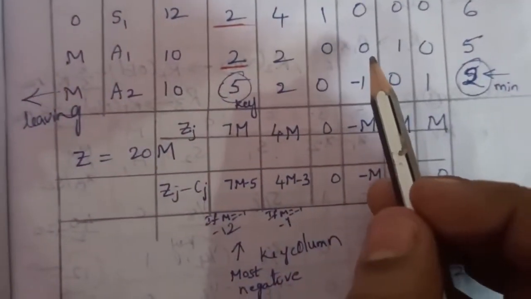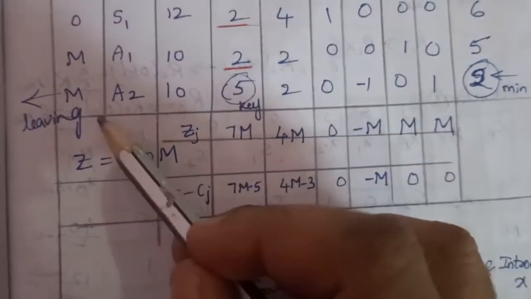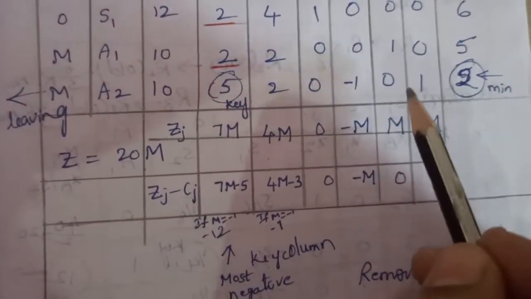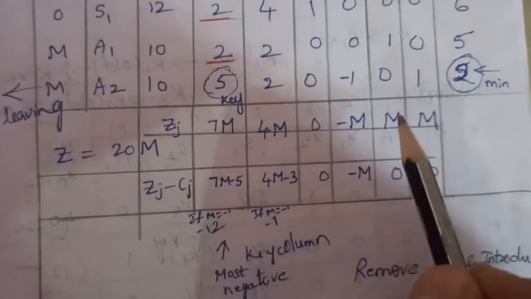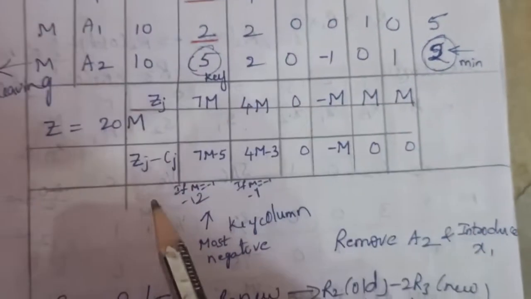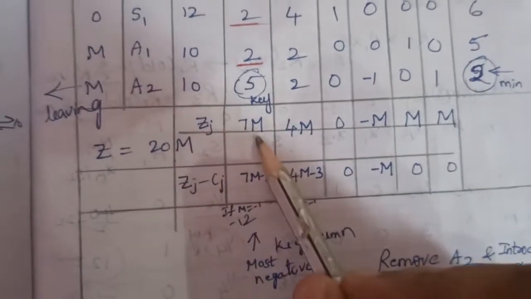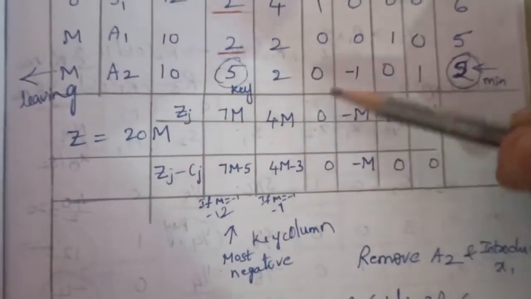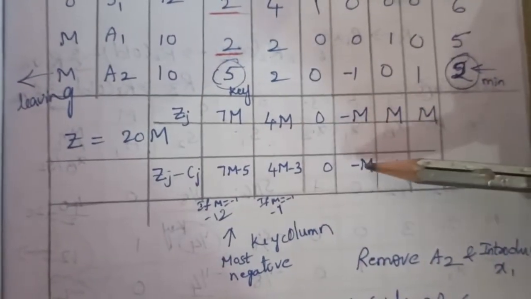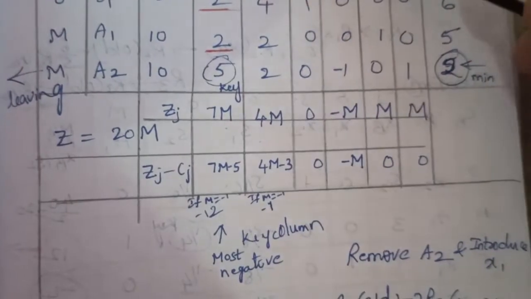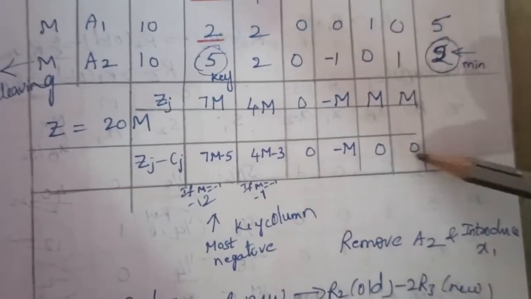And next 0 minus m into 1 is minus m, plus 0, so m. Next Zj minus Cj: 7m minus 5, 4m minus 3, 0 minus 0 is 0, 0 minus m is minus m, m minus m is 0, m minus m is 0.